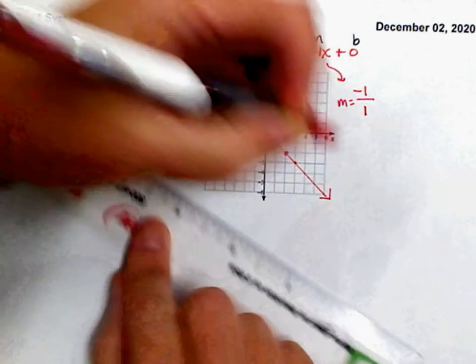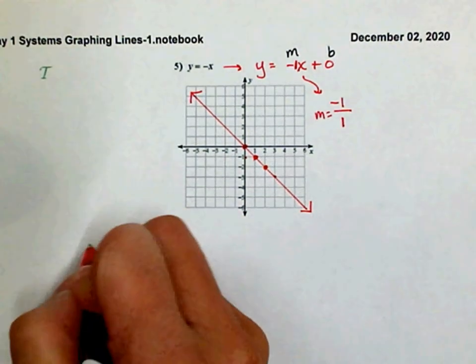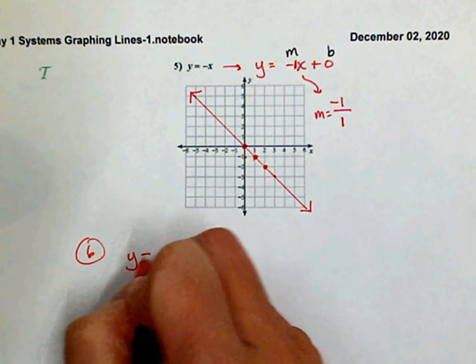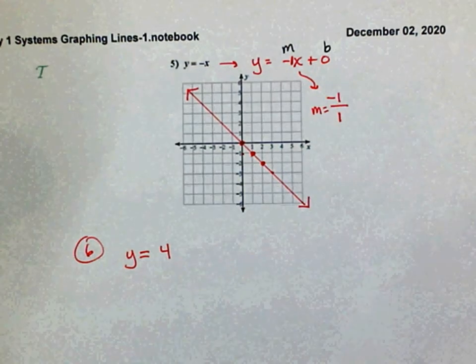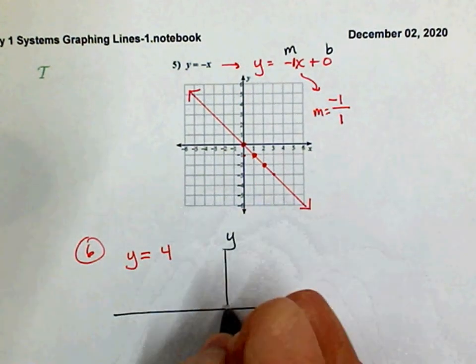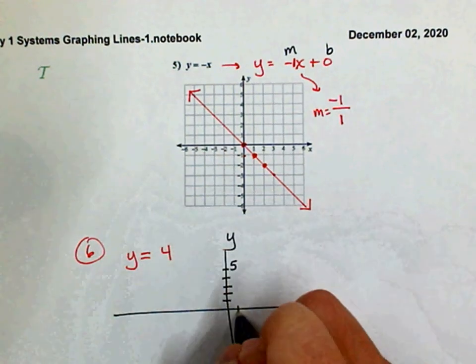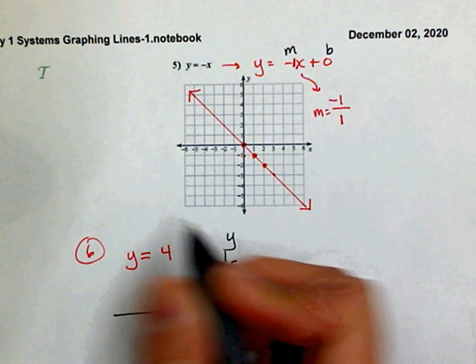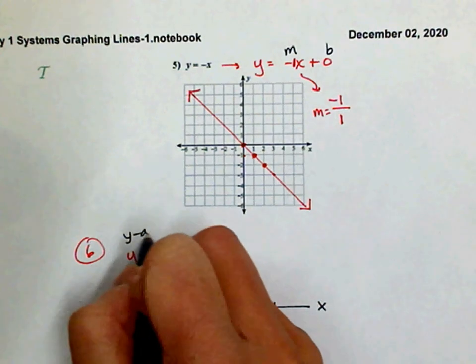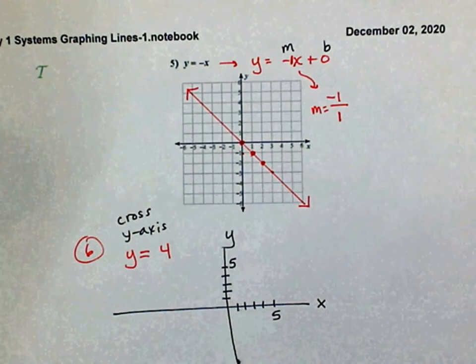All right. You all should be able to do this. And I'm going to add an example 6. Y equals 4. So if you have your graph, here's your x, here's your y. What does that mean? That means you're going to cross the y-axis at 4. 0, 1, 2, 3, 4.